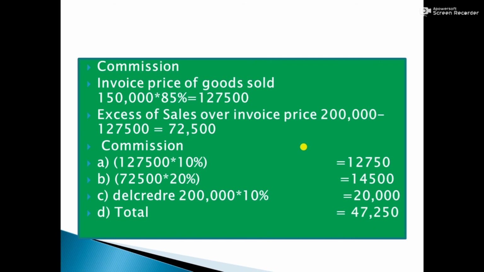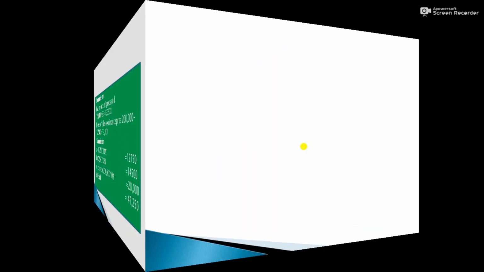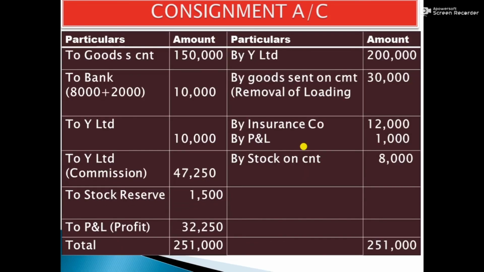The consignment account will appear like this: to goods sent on consignment 1,50,000, to bank consignor expenses 10,000, to Y Limited consignee's expenses 10,000. To commission, we already calculated 47,250. To stock reserve, that is the removal of profit loading on stock, 1,500.